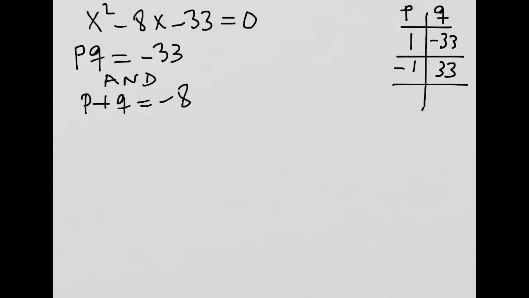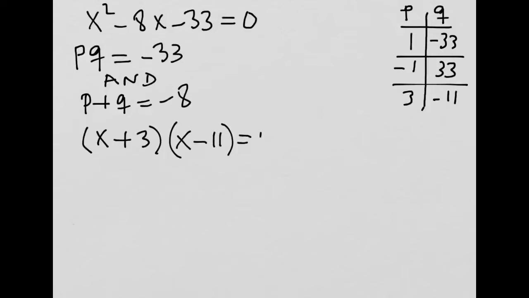Next we have 3 times negative 11 multiplies to negative 33, and it adds up to negative 8. So this is the pair of p and q we're looking for. So we factor the left-hand side as x plus 3, x minus 11 equals 0. By the zero factor property, we get x equals minus 3, or x equals 11.